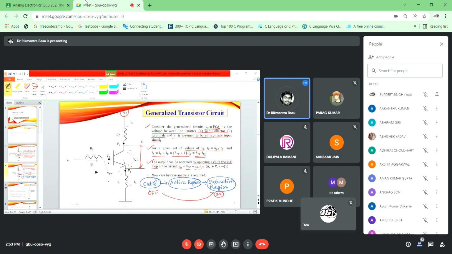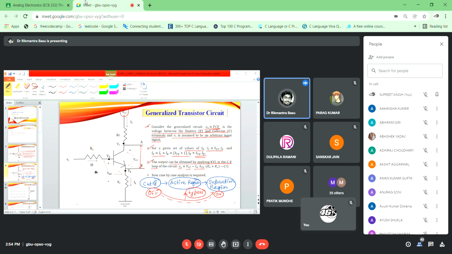You do not expect your tube light or your fan to gradually bypass the active region, gradually increasing its emitting light and then showing its full brightness. Never. Whenever you put your switch on, it should glow with the full brightness of the bulb. That means you have to bypass the active region of the transistor.